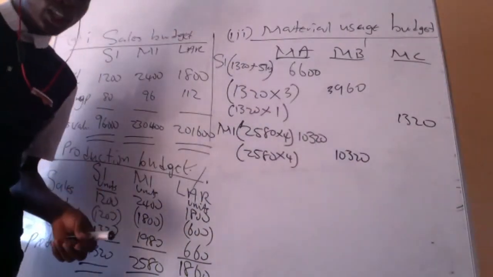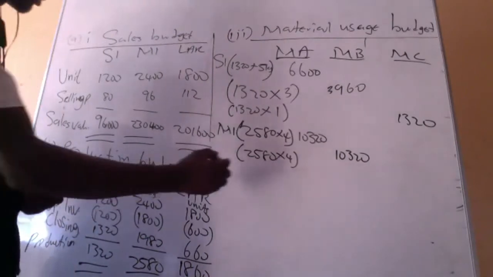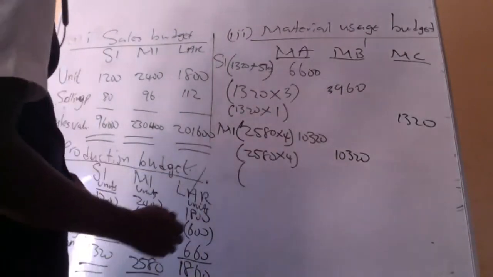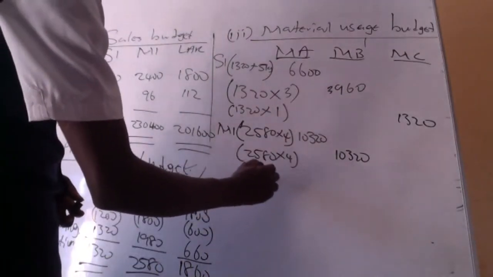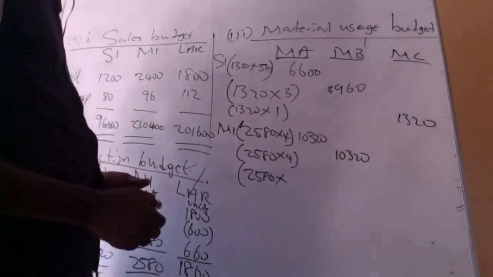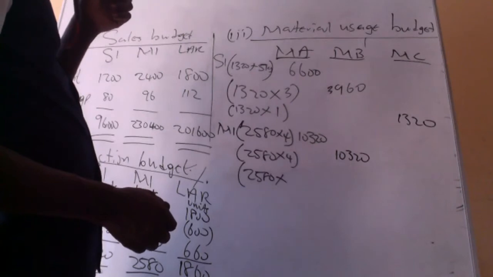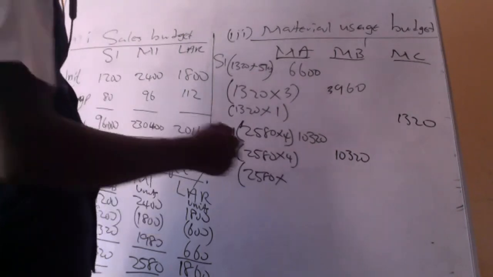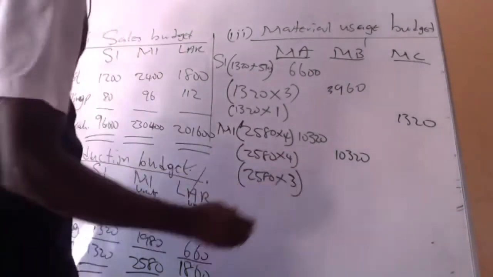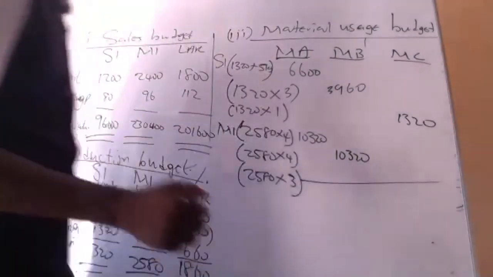Okay, so that's fine. Then the last one for MI, the same 2,580 by 3. Good.